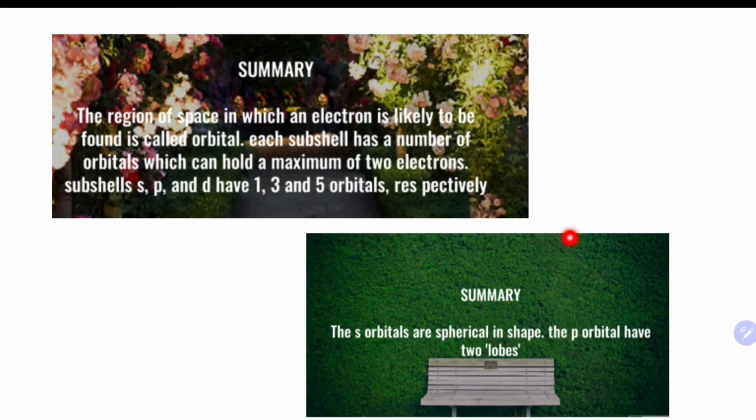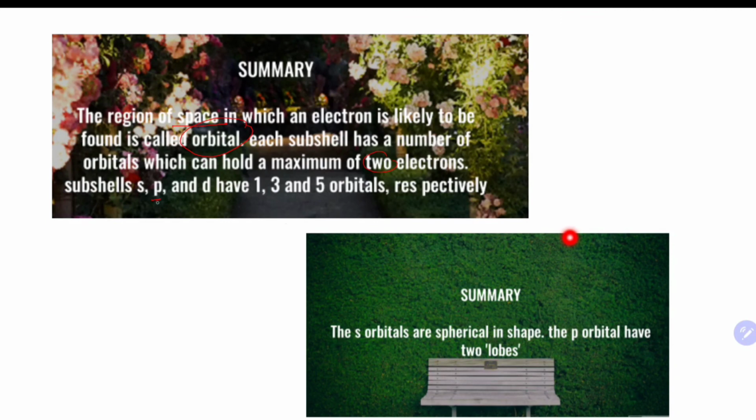The region of space in which an electron is likely to be found is called an orbital. So an orbital is not an orbit, but it is a space around the nucleus with the highest probability of finding electrons. Each orbital can hold a maximum of 2 electrons. So subshell s holds 2 electrons.